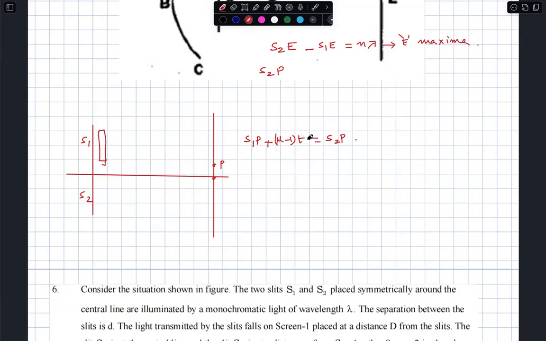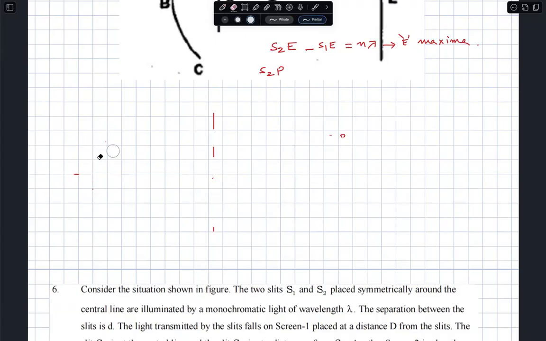Regular YDSE experiment. The same situation I am facing right now here, because in the S2P part, T thickness is working in air.